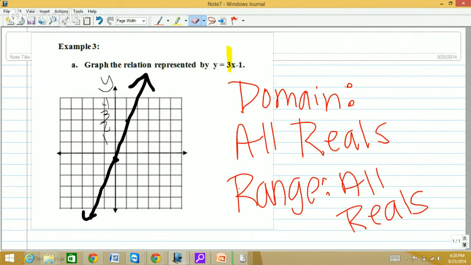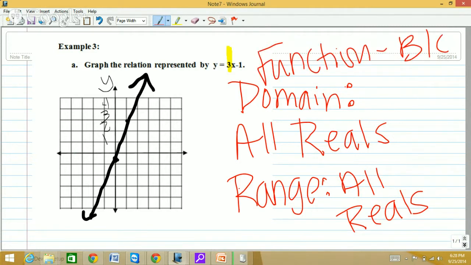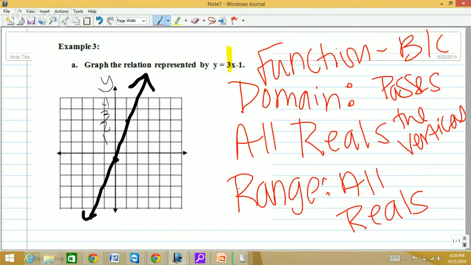And hopefully you're going to tell me that the answer is no. So this is a function because it passes the vertical line test. Okay? Surely your notes look way better than mine as I am a monkey with a crayon today.